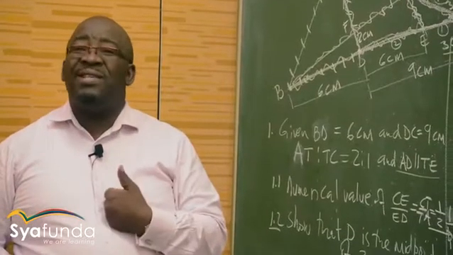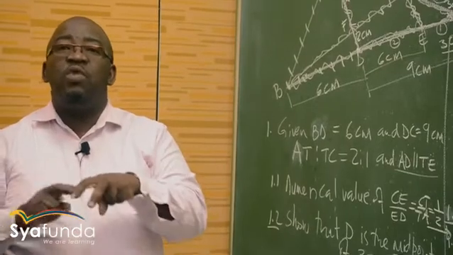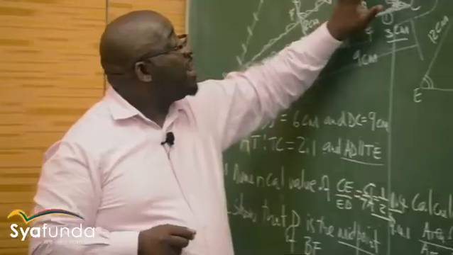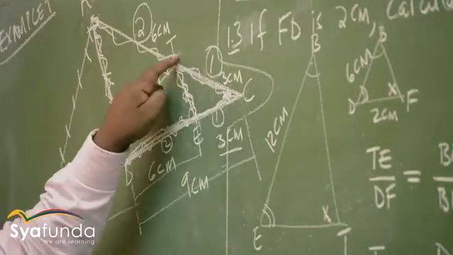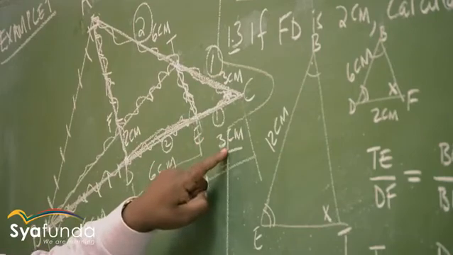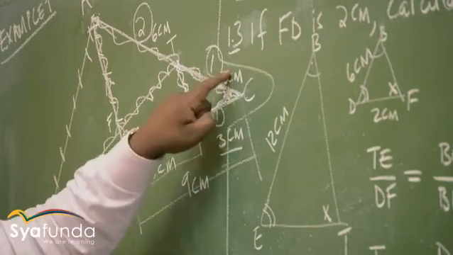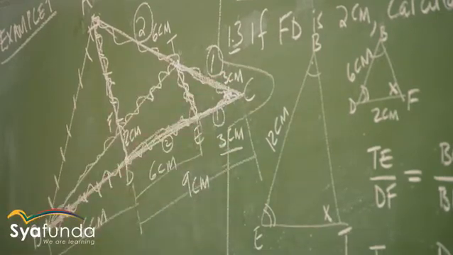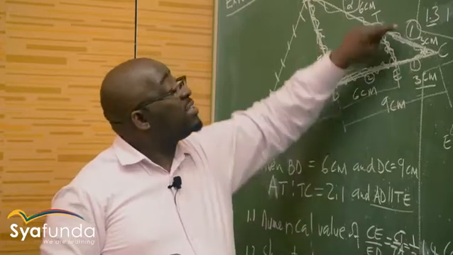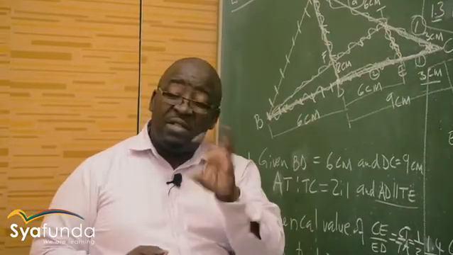For me to be able to use the area rule, I must be given the two adjacent sides and the included angle. Now, if I'm using this triangle, do I know this dimension? Yes, it is 3 centimeters. Do I know this one? It is the same, 3 centimeters. You either use dimensions or you use ratios. Both will give you the same result, but you don't have to mix the two.